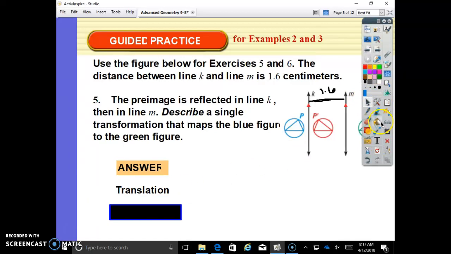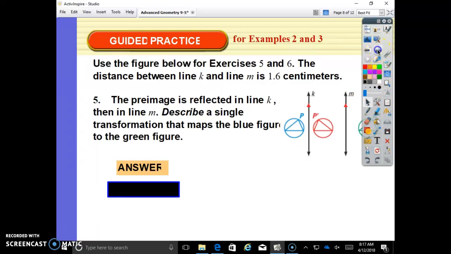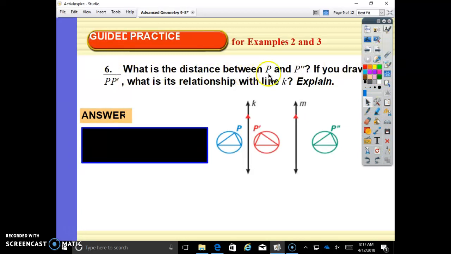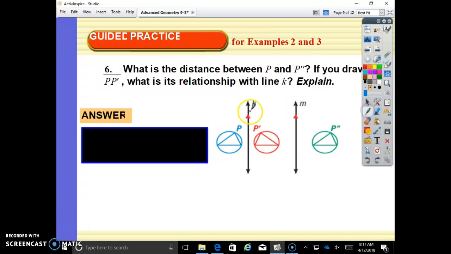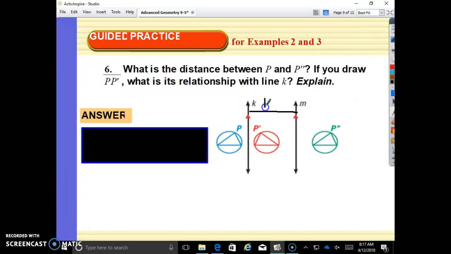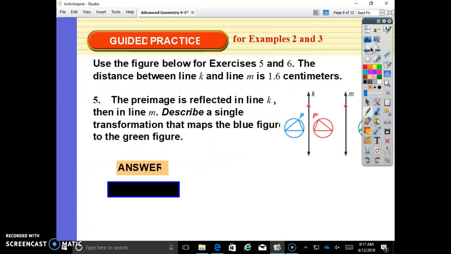You're right. What kind of translation though? What is the distance between P and P prime prime? If you draw P prime, what is the relationship with line K? Explain. So if I'm translating this, what is my distance between P and P prime prime if this was, I believe, what did they say, 1.6?